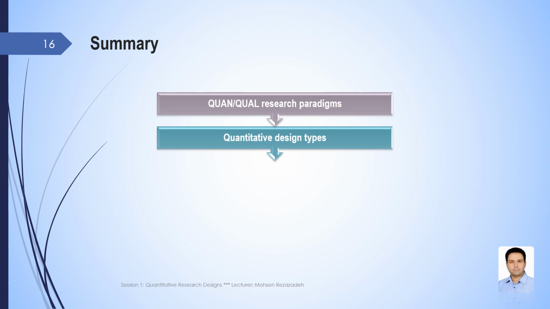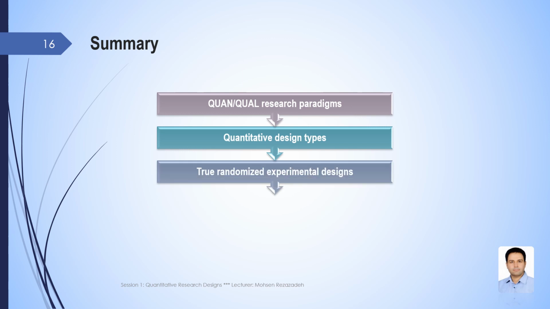Today we talked about experimental designs, and we said that we have three types of experimental designs: true experimental, quasi-experimental, and pre-experimental designs.